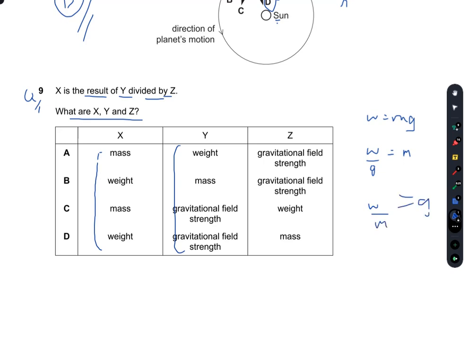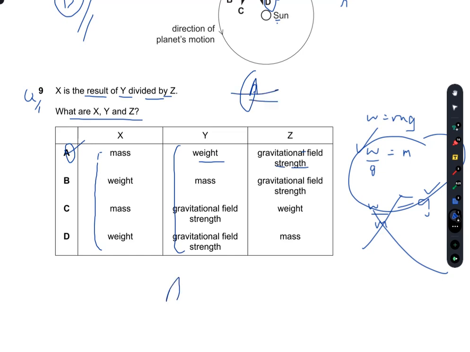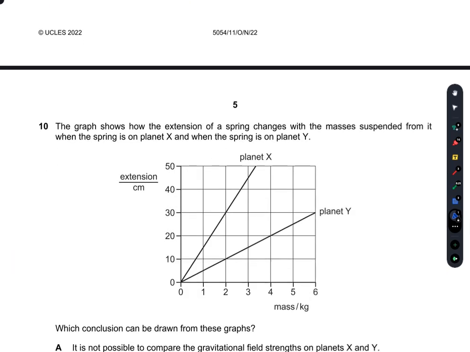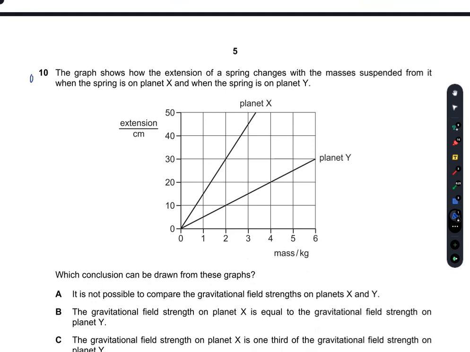Now there is not any g in this x, so this is wrong. I am only left with this. So what is y? Weight divided by gravitational field strength will give me mass. So yes, A is the right option.